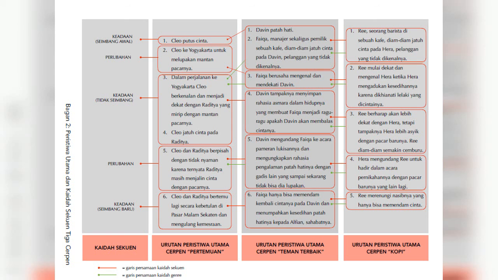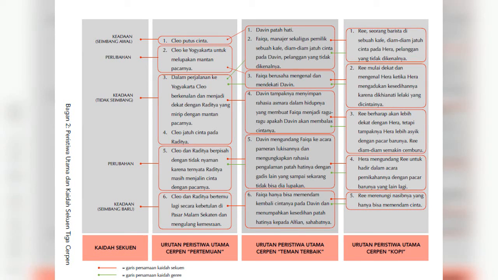For the first part, we can find that in all three stories of the same romance genre, there is the same situation. The first situation is called seimbang awal. And then in the second part, there is going to be a change, where the situation moves a little differently than before, and it raises a conflict that will happen in the story.